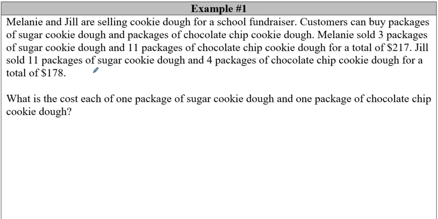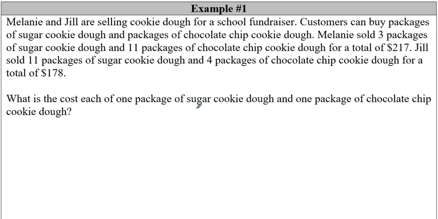Jill sold 11 packs of sugar cookie dough and 4 packs of chocolate chip cookie dough for a total of $178. So it is asking us what is the cost of each, 1 package of sugar cookie dough and 1 package of chocolate chip cookie dough.